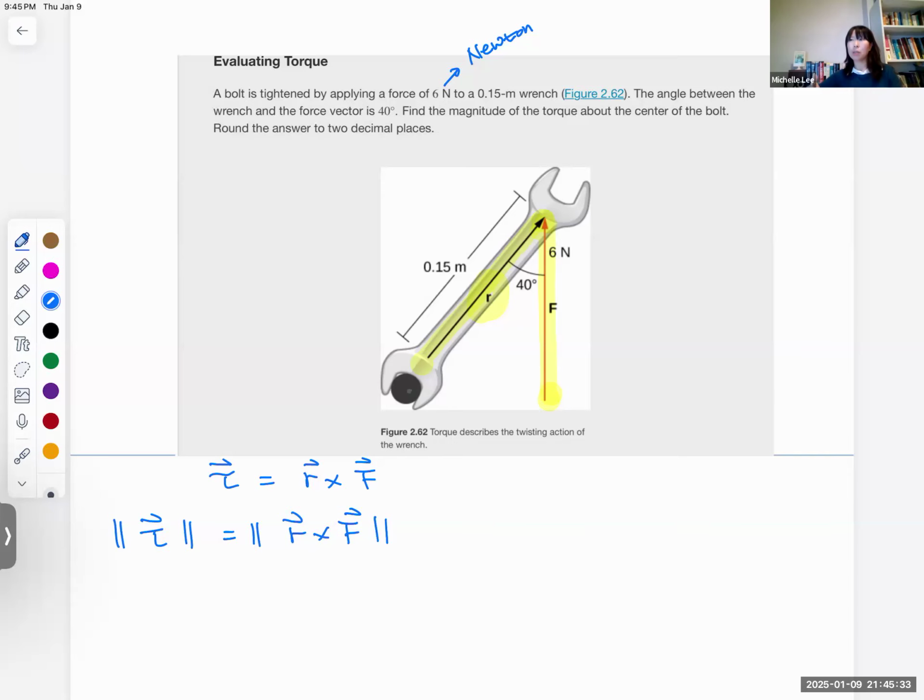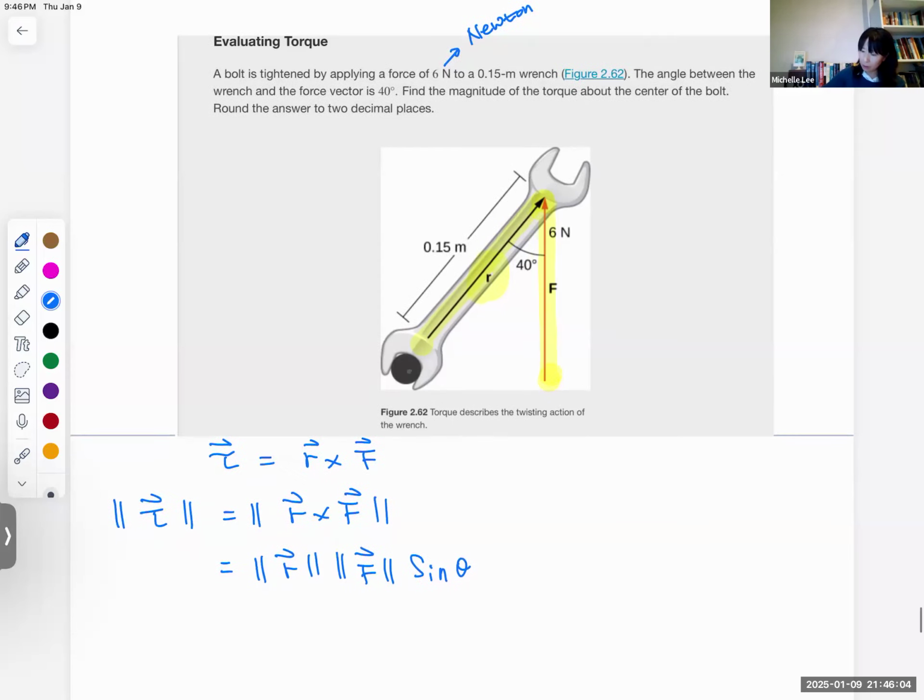We have information about the angle, right? Then, does anyone know what kind of formula we are using? Very good. So we are using this formula. Yeah. So we have earlier magnitude of u cross v, which is magnitude of u, magnitude of v, and sine theta, right? Okay, then we're done. So just substitute.